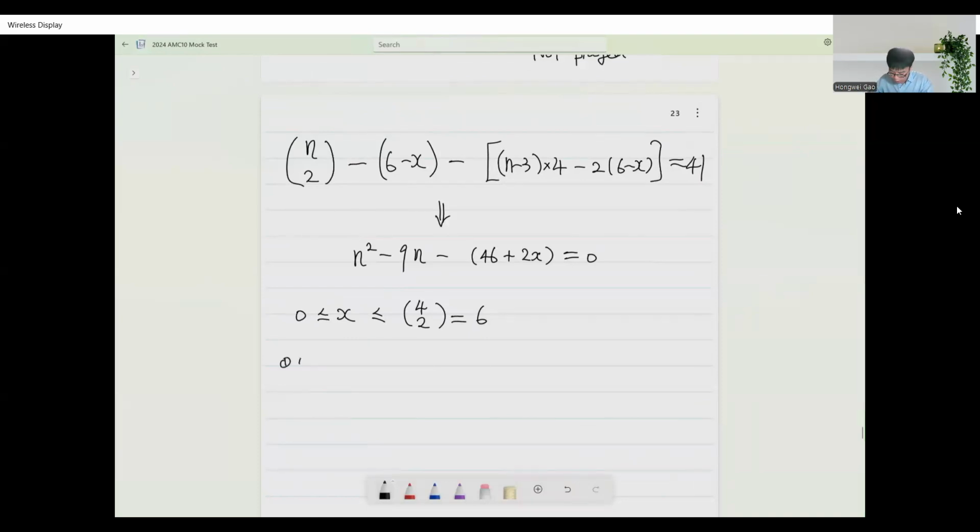For example, if x equals 0, we have n squared minus 9n minus 46 equals 0. No integer solution for n. If x equals 1, we have n squared minus 9n minus 48 equals 0. Still no integer solution.